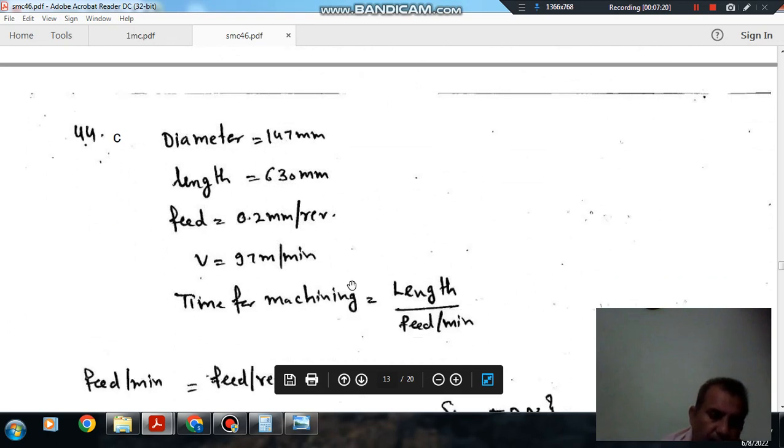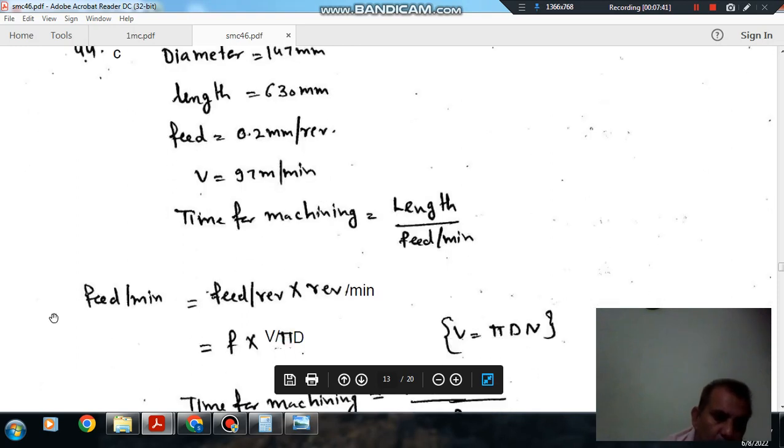Time for machining is length by feed per minute. Here the given feed is in mm per revolution, so feed per minute is equal to feed per revolution multiplied by revolutions per minute, or RPM.